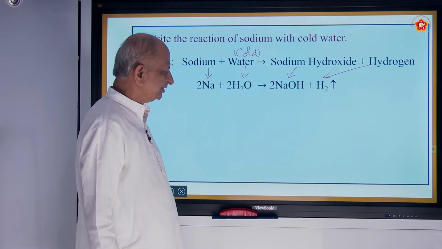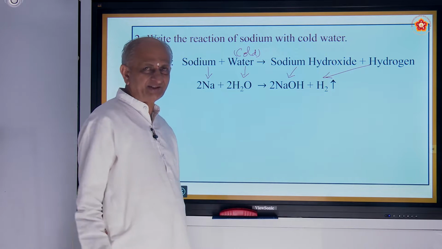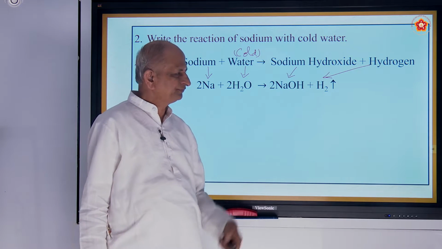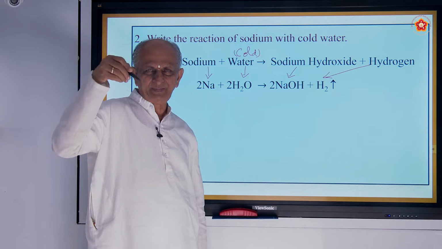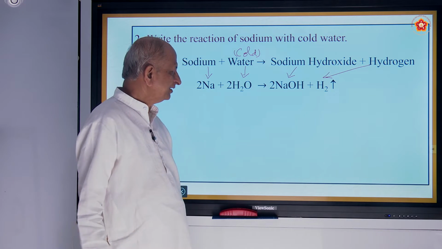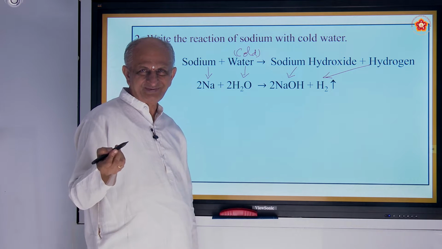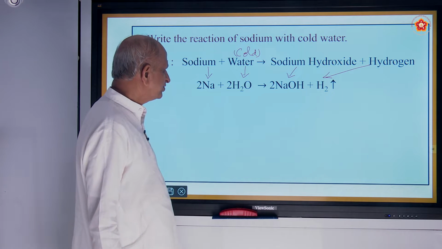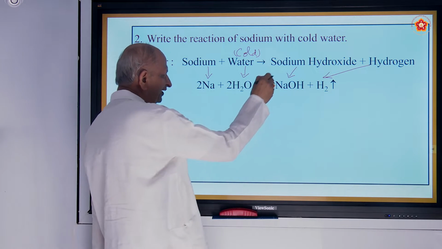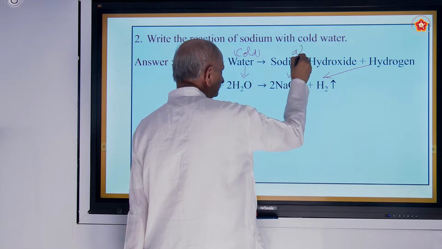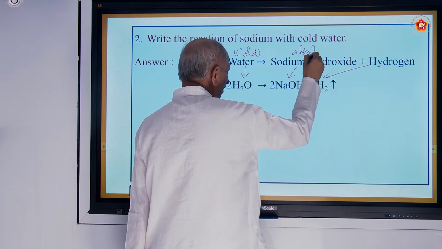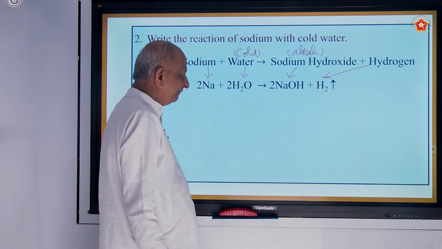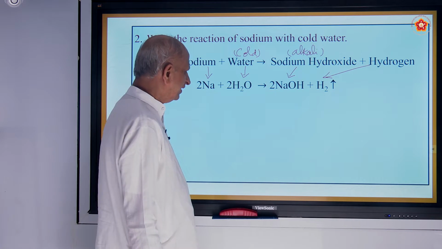So this is a reaction, and the reaction is vigorous. And how do you test this? If you bring some litmus paper and put it in the solution, what change do you observe? Red becomes blue. What does it show? That this is nothing but an alkali. How do you get an alkali? Alkalis are formed when a basic oxide is dissolved in water.